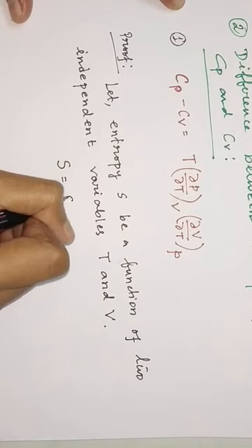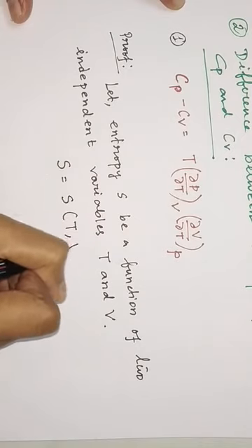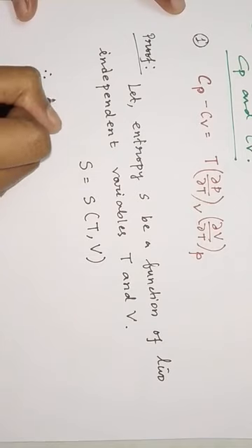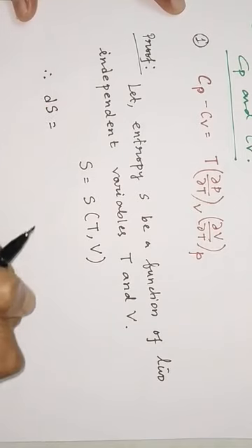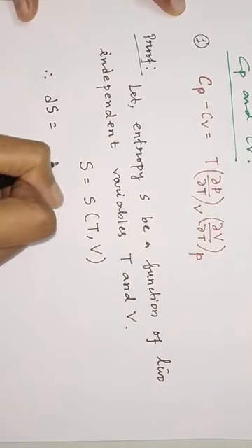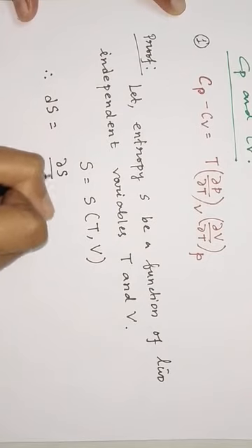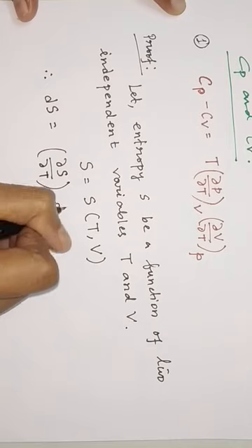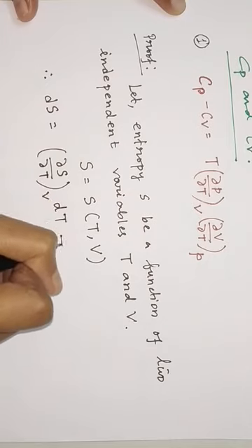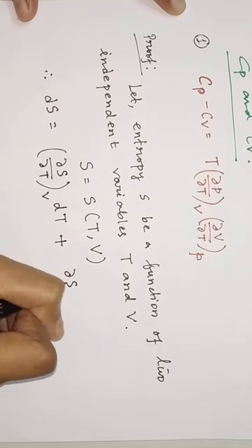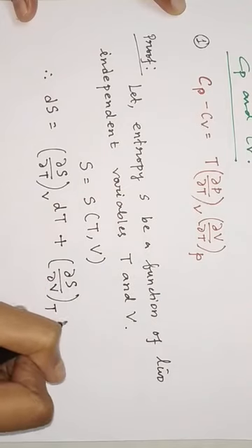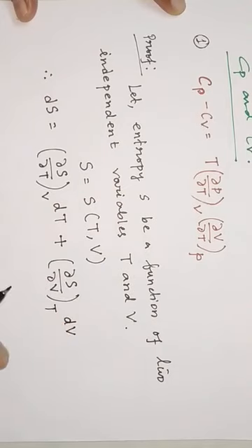So S is a function of T and V. Therefore, the total derivative of S, which is dS, equals (del S/del T at constant V) into dT plus (del S/del V at constant T) into dV.